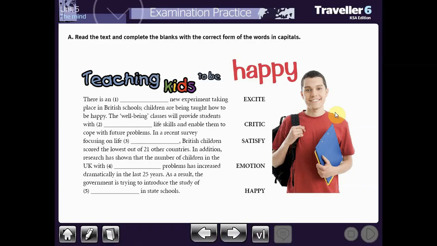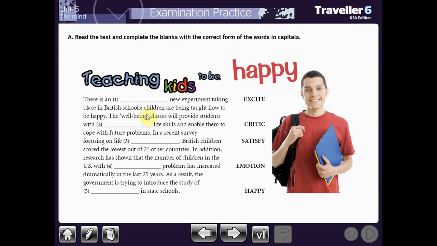Now let's move to the student's book, page 63. Here we have exercise A. Read the text and complete the blanks with the correct form of the words in capitals. Teaching kids to be happy.